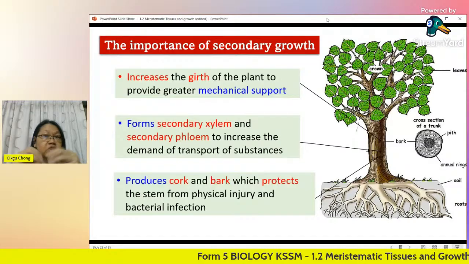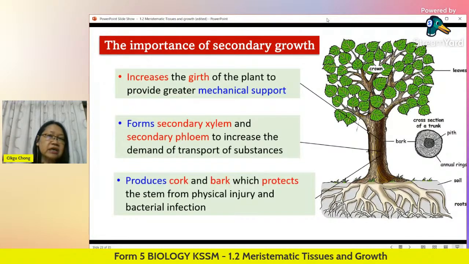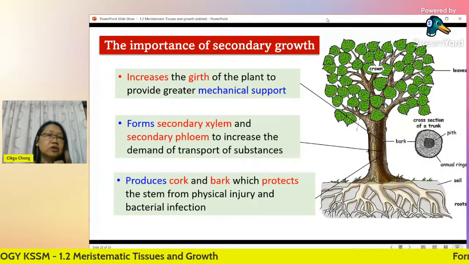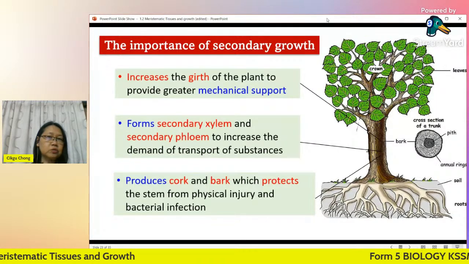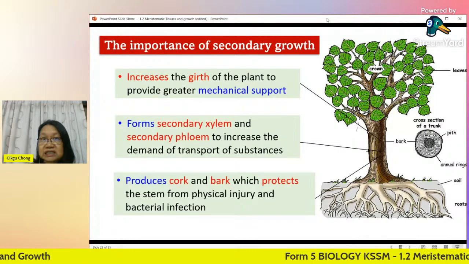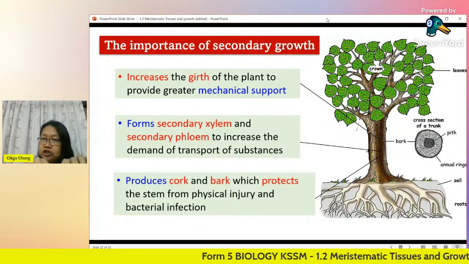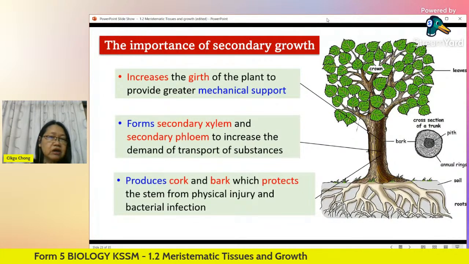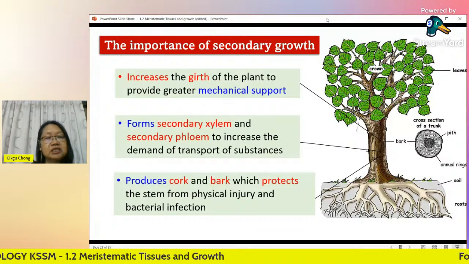When the bark cracks, it's dangerous because bacteria can enter. When bacteria enter, they will destroy the tissues and make the plant have disease. So the cork is another layer to protect the inner tissues from infection by bacteria.